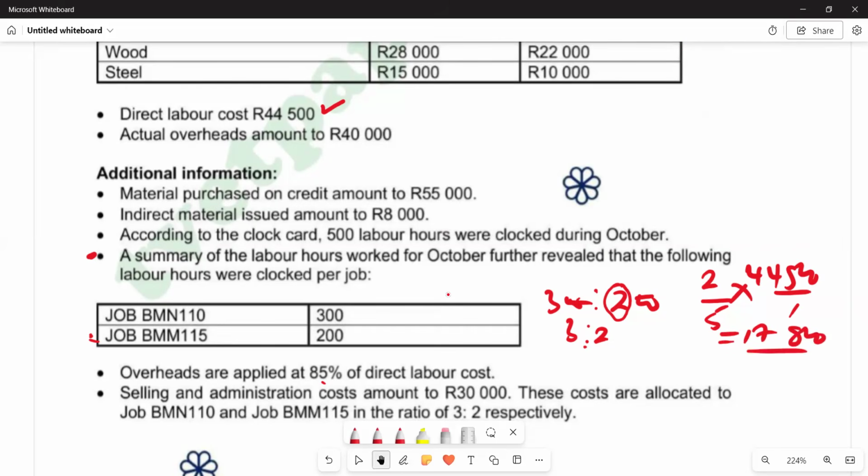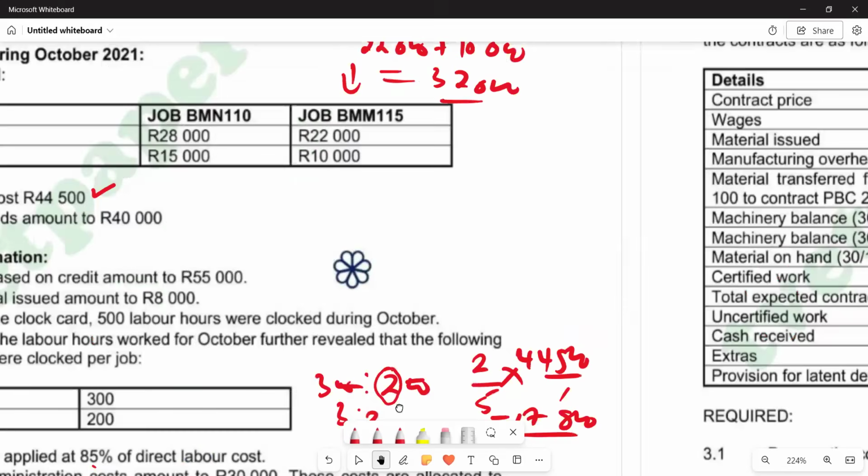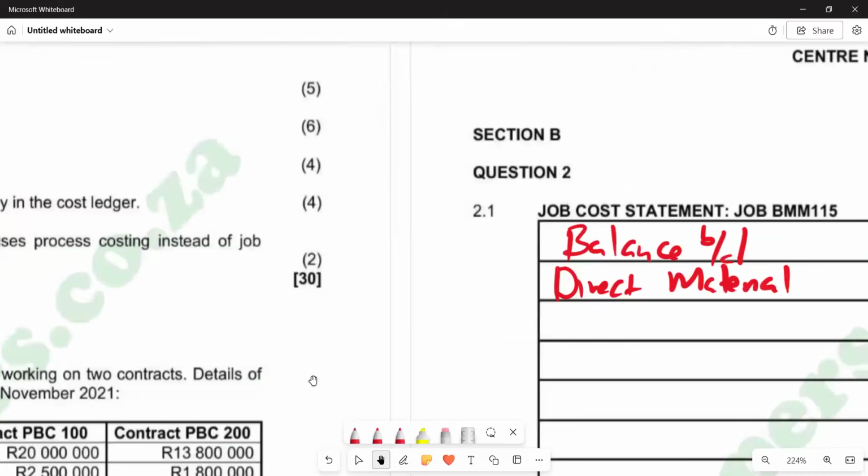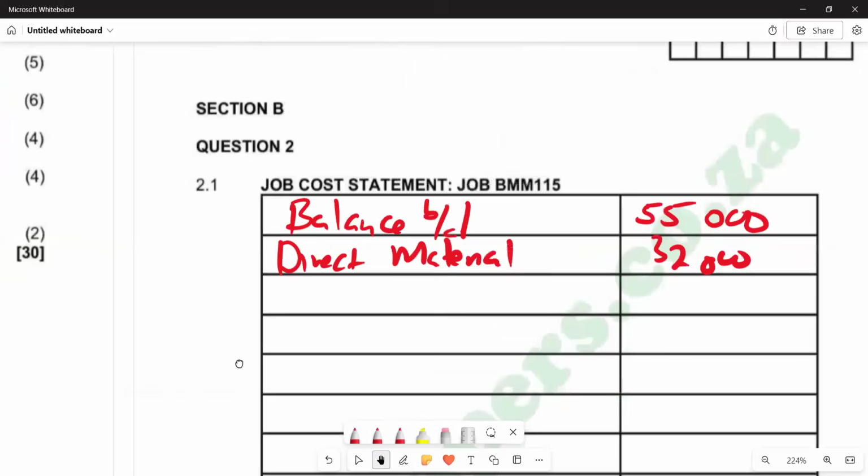So this is the figure that we are going to have for direct labor cost. So we come here and put direct labor cost, 17,800.